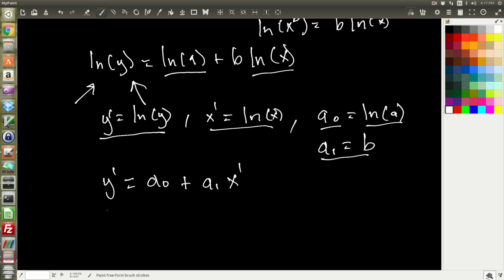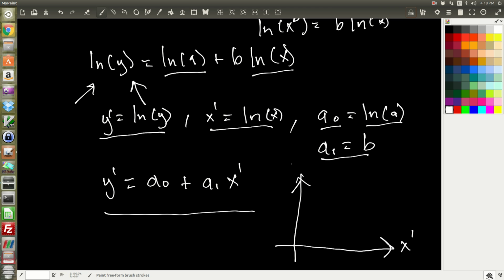Well, these are just new variables, but this right here is the equation for a line, right? If I plot these variables as x prime and y prime, this is some line in that space with a y-intercept of a naught and slope of a1.